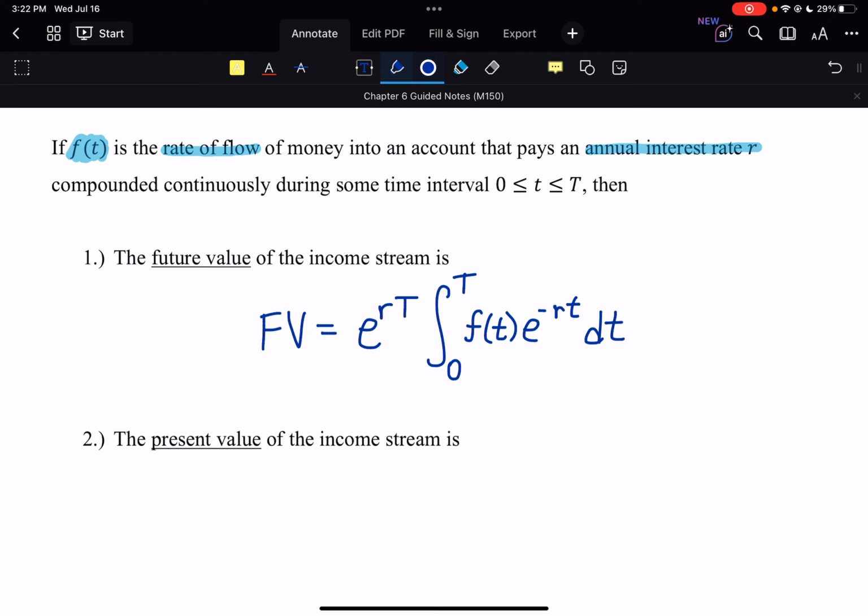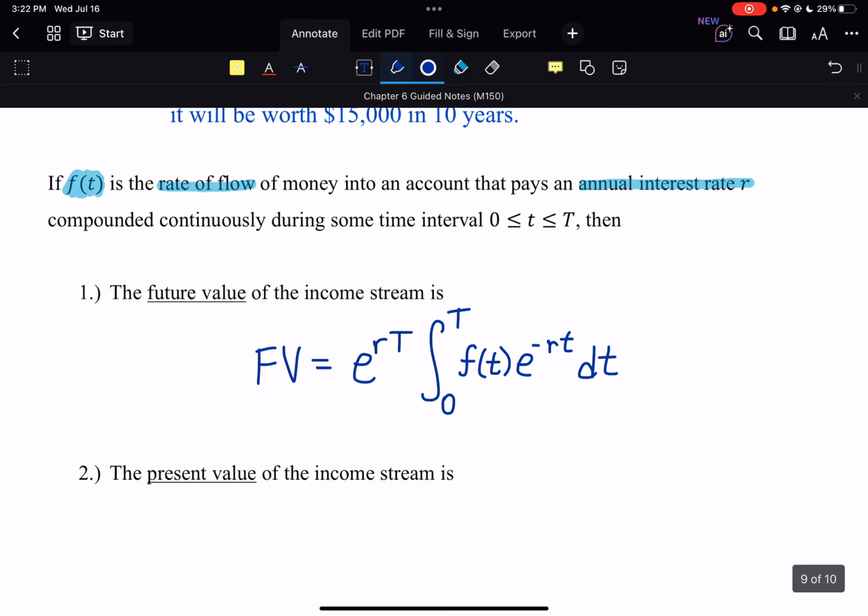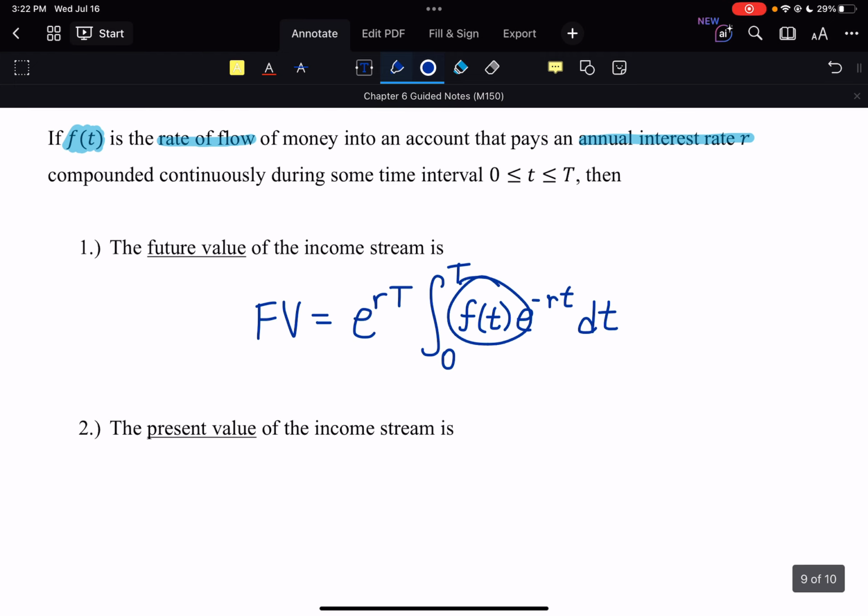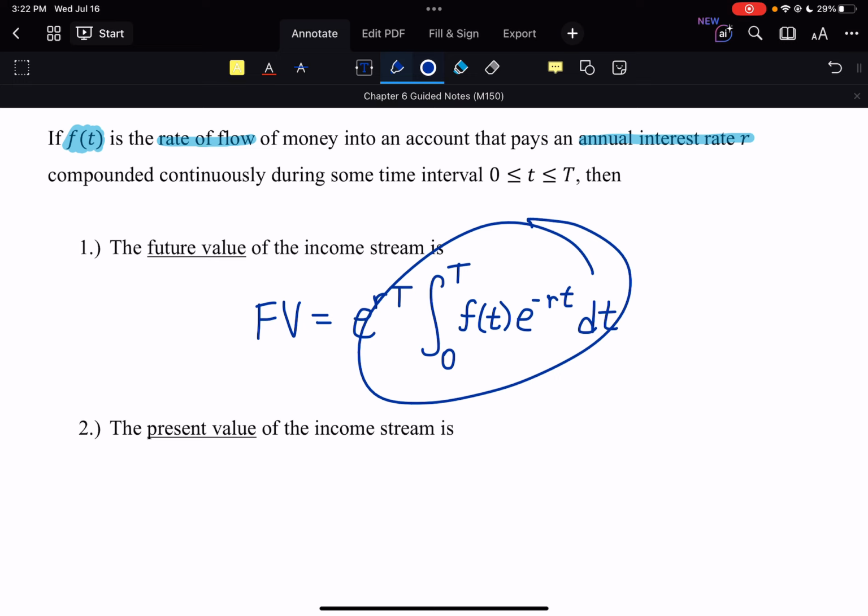So in this case, instead of having P e to the RT, the P is coming from here, and it's based off of the function and then the amount of time that's passing.